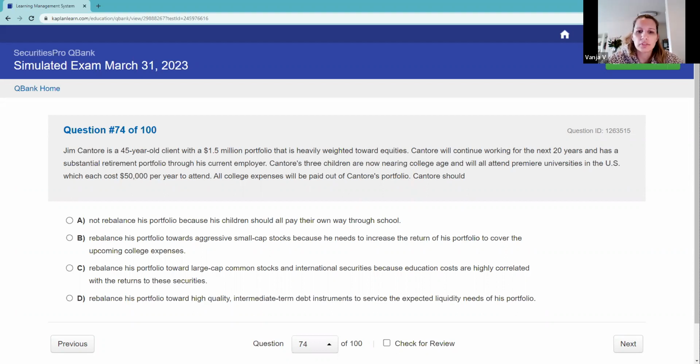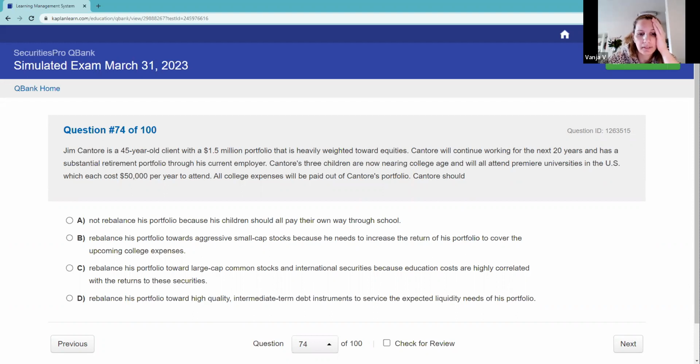He's heavily weighted towards equities, nearing the age. Now the portfolio. So obviously A is not the case. That's right. Intermediate term debt instruments to serve the expected liquidity. But investing in debt does not necessarily provide liquidity.